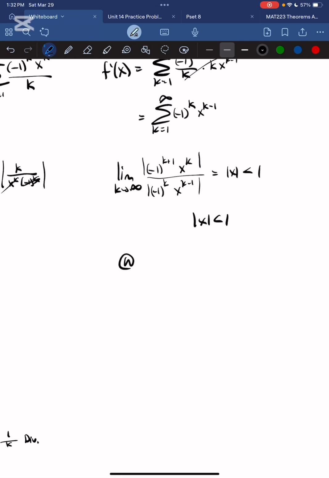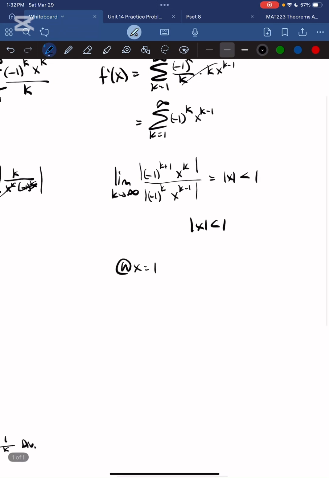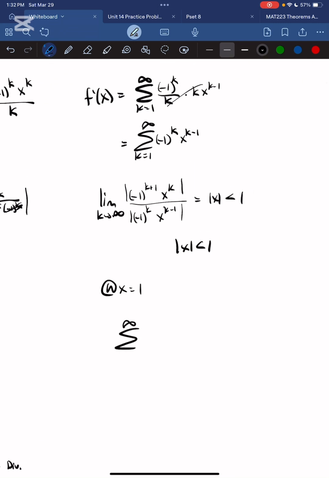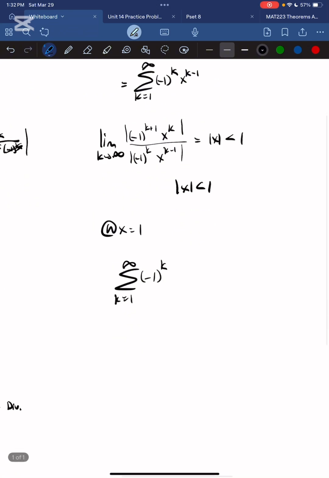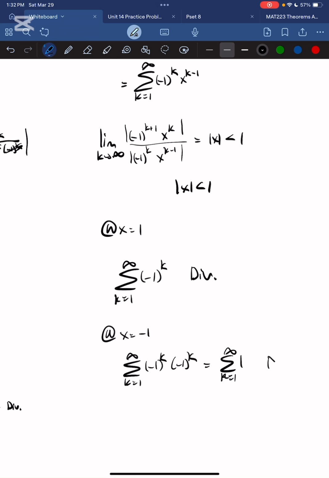So at x equals 1, we see that this infinite sum becomes (-1)^k times 1, and this is divergent. And then at x equals -1, we have this, which is equal to this, which is also divergent.